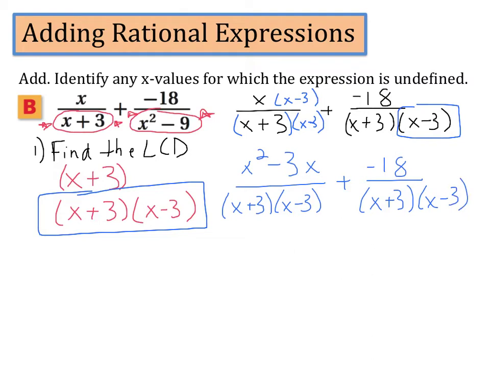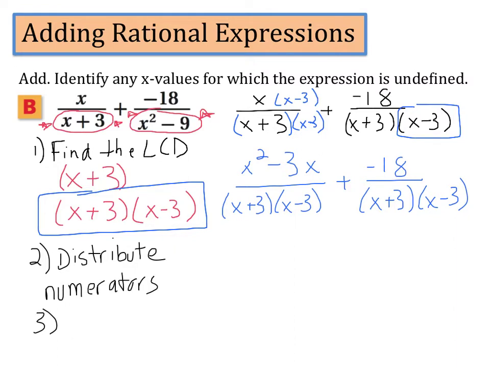Now I can actually add these. So once I find my lowest common denominator, my second step is to distribute what's in the numerators, and then my third step is going to be to combine like terms.